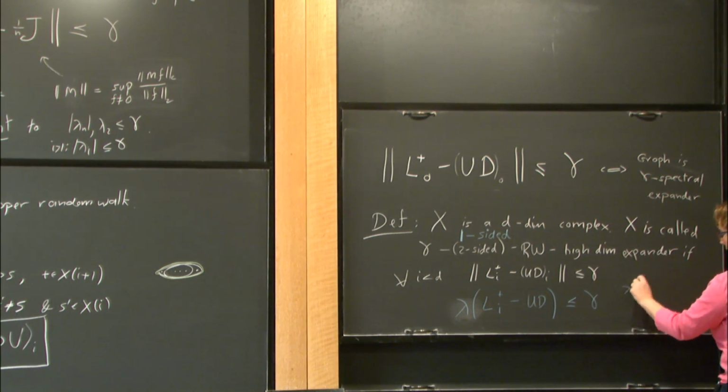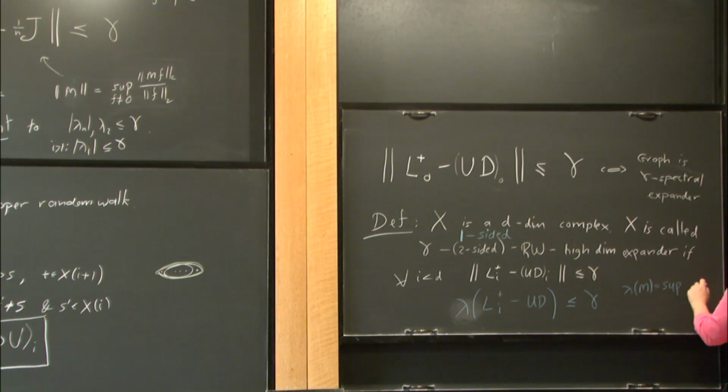Lambda of an operator M will be the supremum over, because I want to allow signs, so I'm not going to use the norm, I'm going to use the inner product of MF with F, for all F that are, okay, I guess I will just say normalized. Okay, like this.